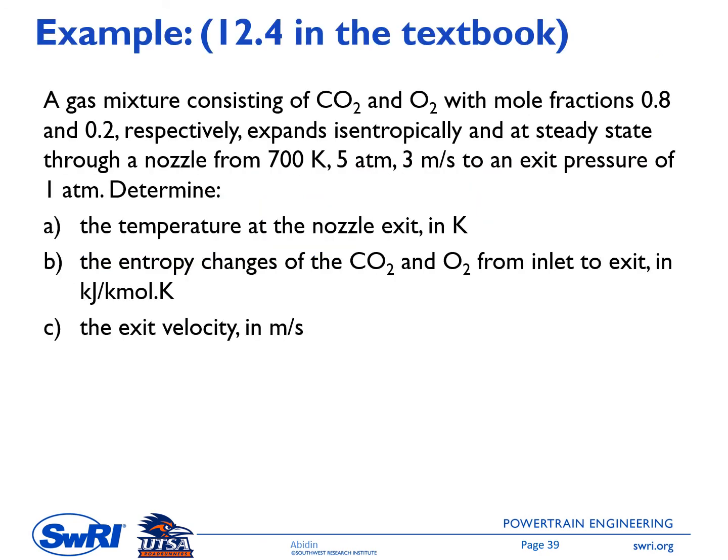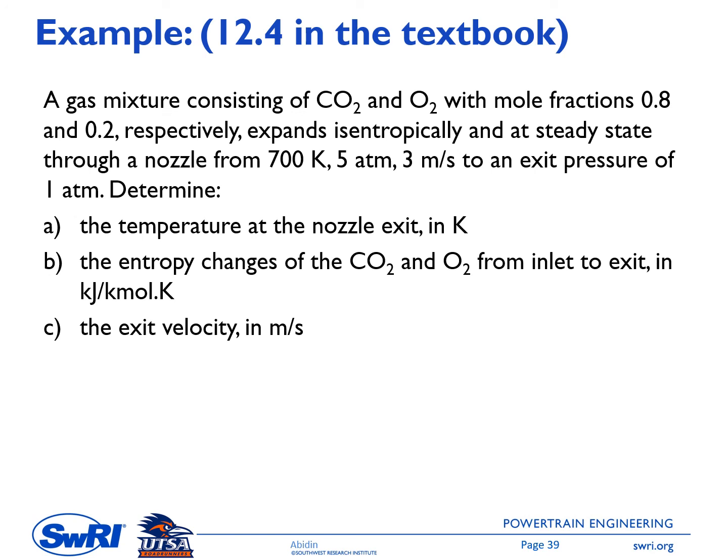Next example, it is example 12.4 in the textbook. A gas mixture consisting of CO2 and O2 with mole fractions 0.8 and 0.2 respectively expands isentropically and at steady state through a nozzle from 700 Kelvin, 5 atmospheres, 3 meters per second to an exit pressure of 1 atmosphere.